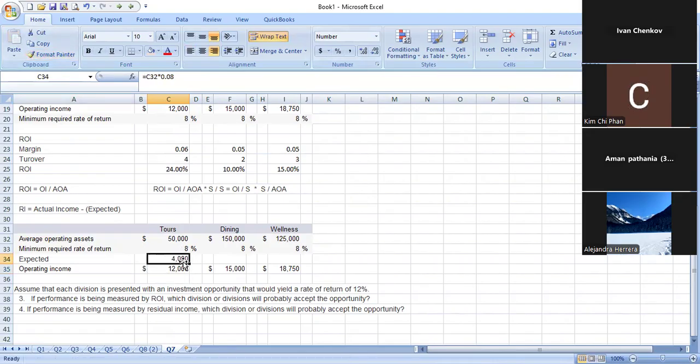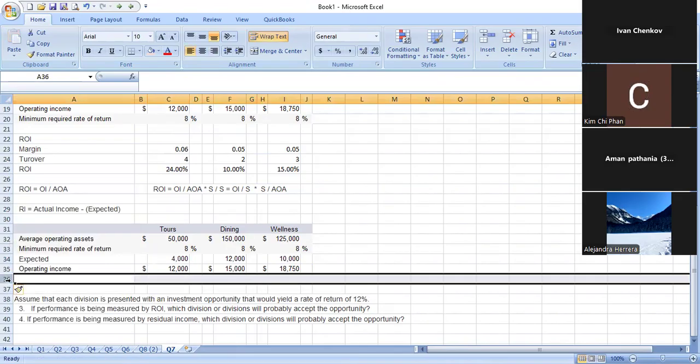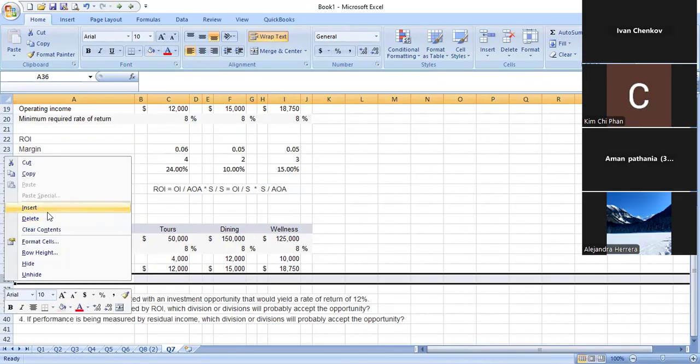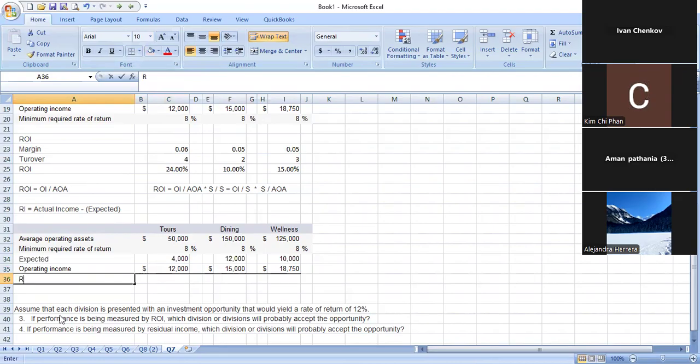Make sense? Yes. So here I'm waiting for 12,000. Here I'm waiting for 10,000. What's the residual income on the first one? $8,000.